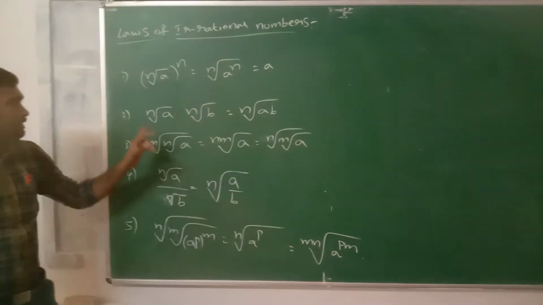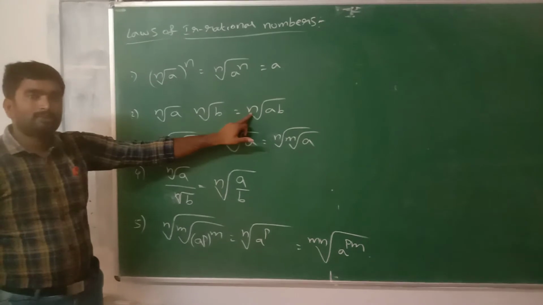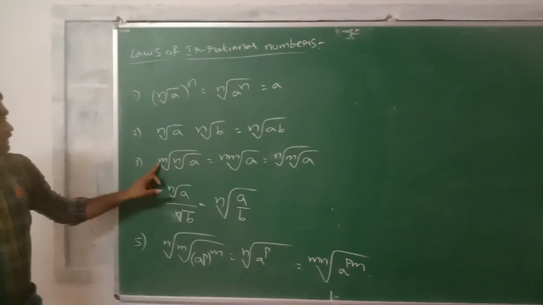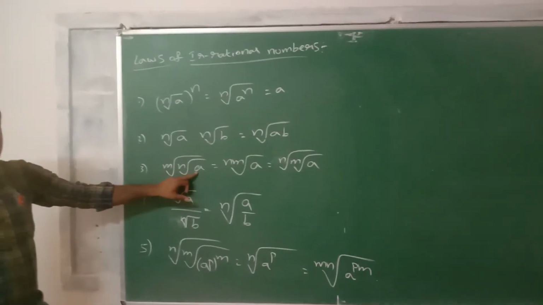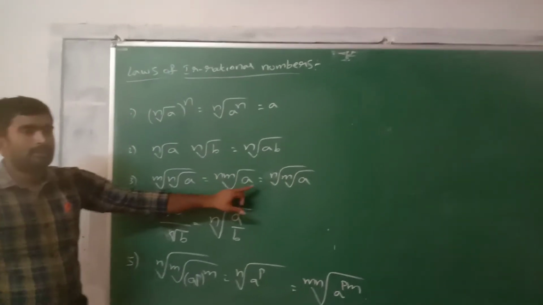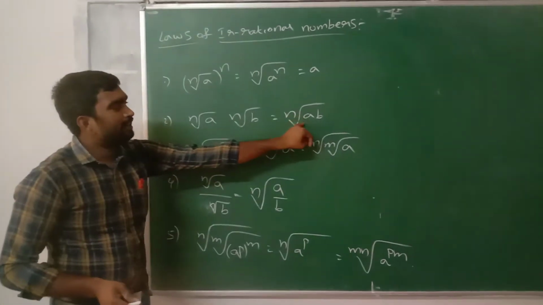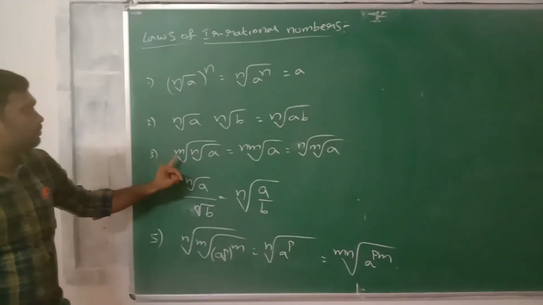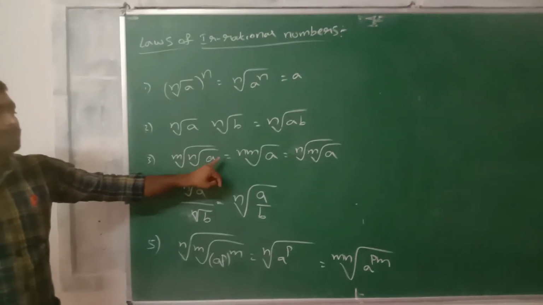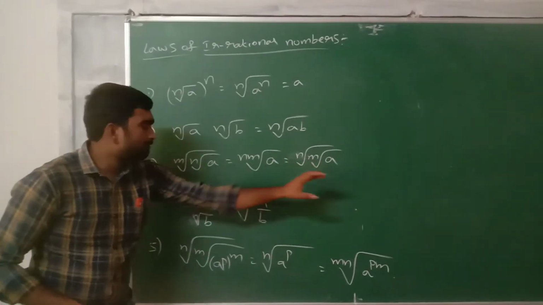The second: the nth root of a into the nth root of b is equal to the nth root of ab.